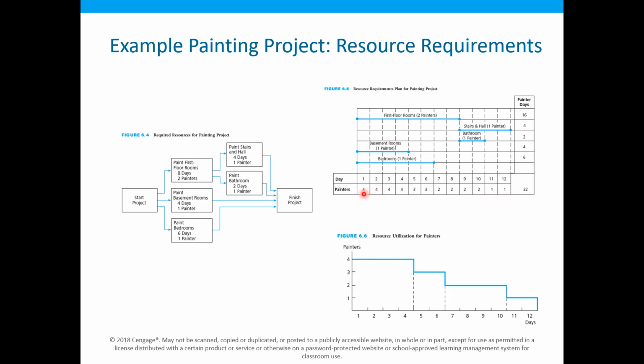So you can see that we have started with 4 painters at the beginning of the project. And then along the duration of the project, the requirement for painters decreased from 4 to 1. So in this case, you can see 4, then 3, then 2, and then 1.